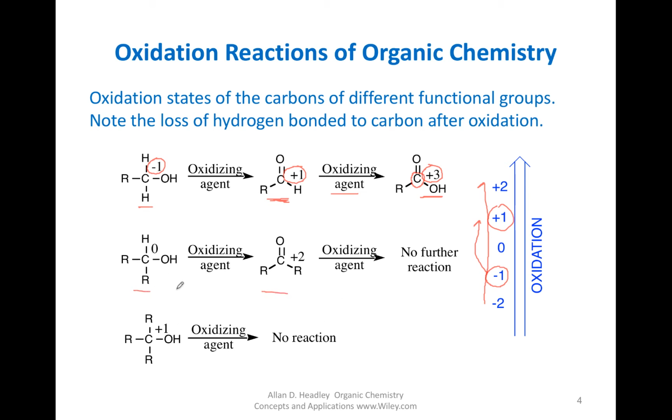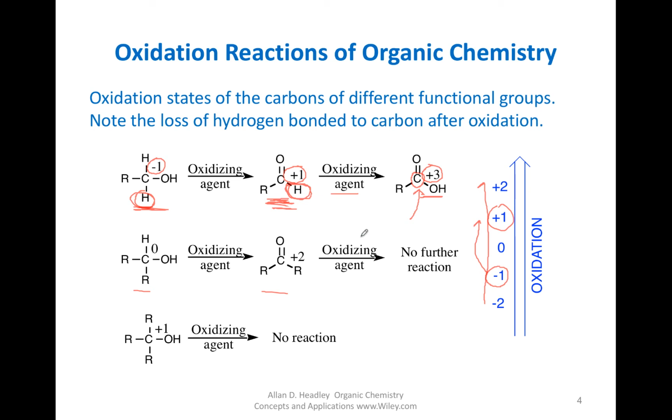One thing I wanted to point out here, which you'll see again, is that in going from this primary alcohol to the aldehyde, hydrogen is lost. One here, and in going from the aldehyde to the carboxylic acid, the hydrogen that's bonded to the carbon is lost. So there's a loss of hydrogen.